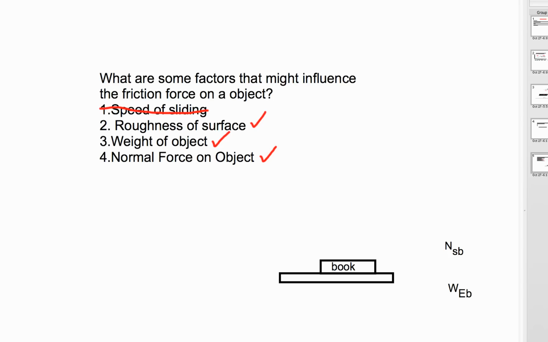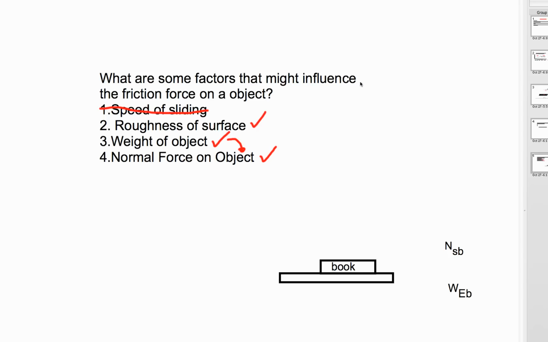In fact, we're going to see the weight of the object is really the normal force on the object. Of course, they're two different things, but in terms of investigating what affects the friction force, we're going to want to focus on looking at how the normal force does. So let's take a look at why the normal force is a better thing to look at than the weight in terms of how it affects the friction force.